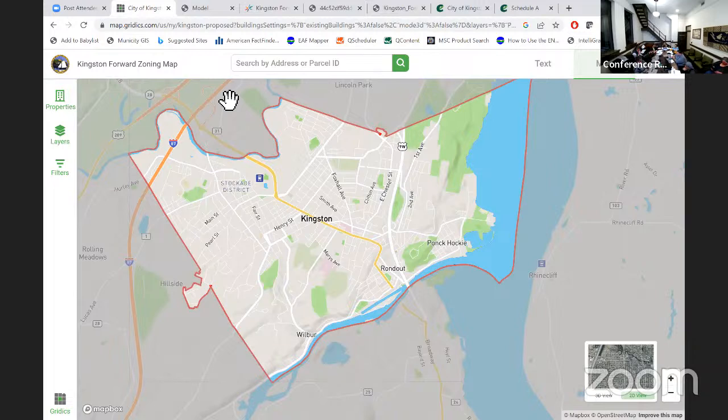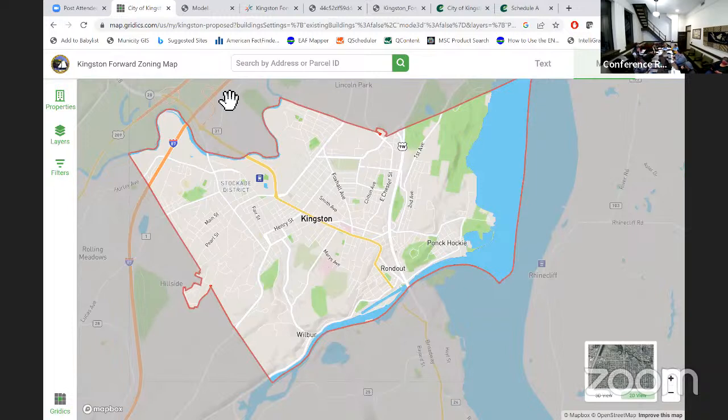With T2, what happens if someone is talking about building a big development on something that we're talking about making T2? Like the Meadows is on what we're showing as T2. So are you asking what would happen to their approval? Yeah. Their approval would remain in place.